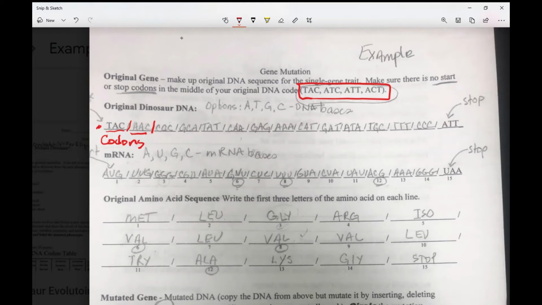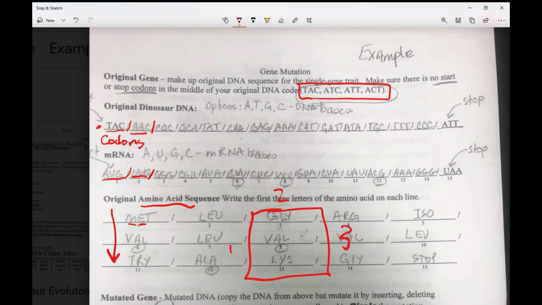Those codons tell you what amino acids you have. This is found out on the table that had position 1, 2, and 3, and then you found your codon in there, and your amino acid was defined in there, and that's how you know these different letters.